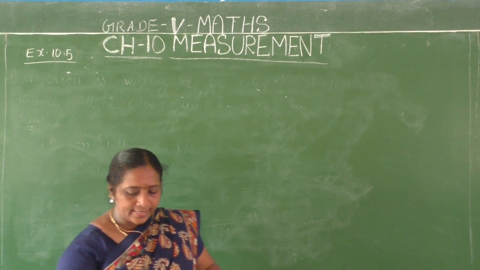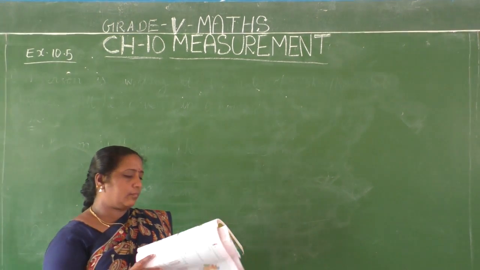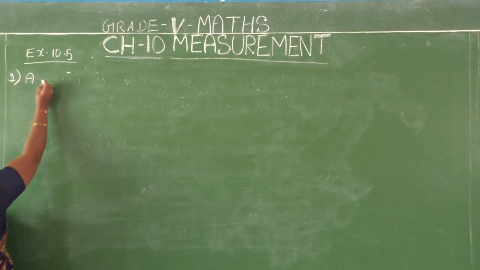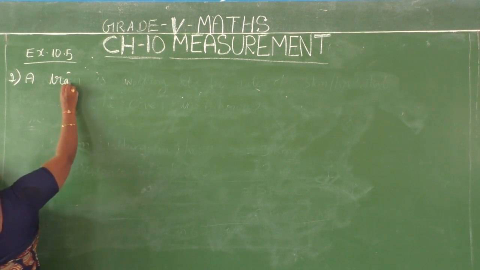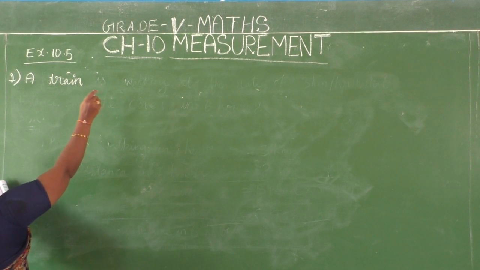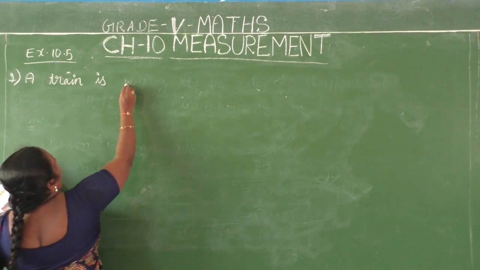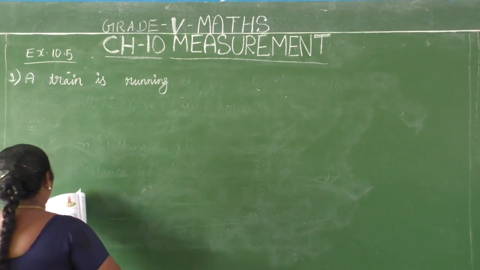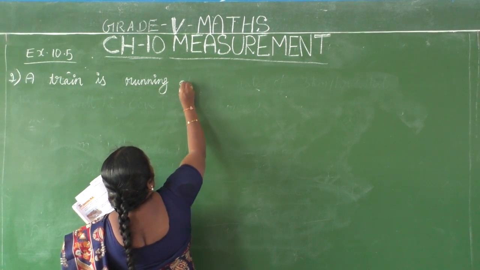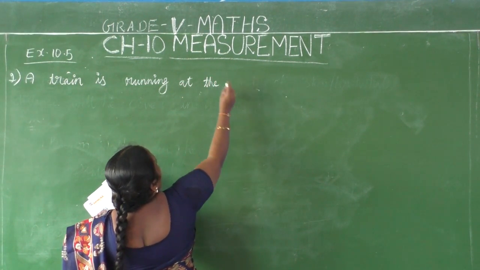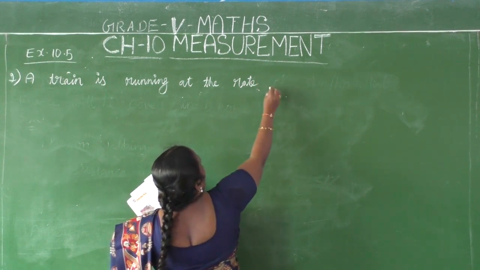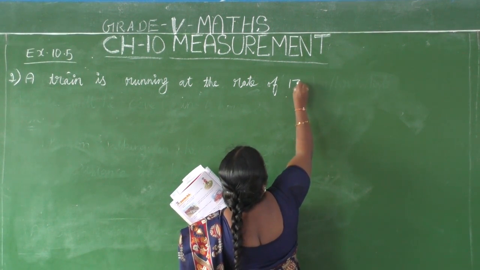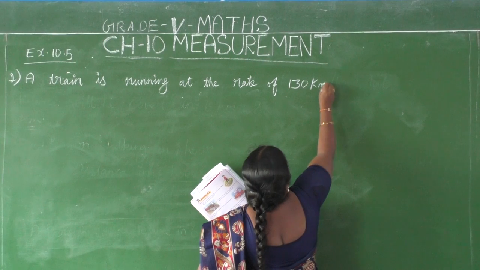Okay ma, second sum. A train is running at the rate of 130 kilometer per hour.